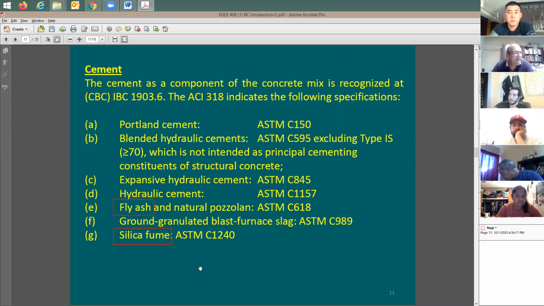Well, in this sense, you can say the cement is doing the same effect. But look here on the top, it says cement. And then I listed fly ash and silica fume, but they are not cement. They are cement substitutes, added into the concrete mixture.